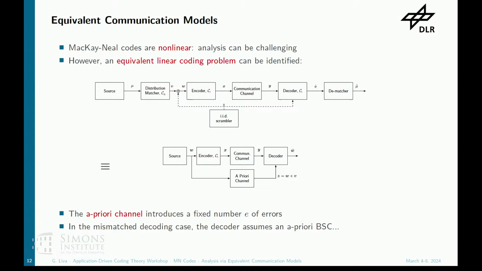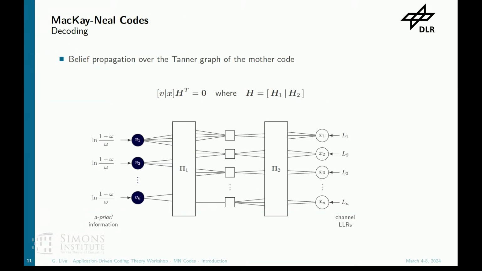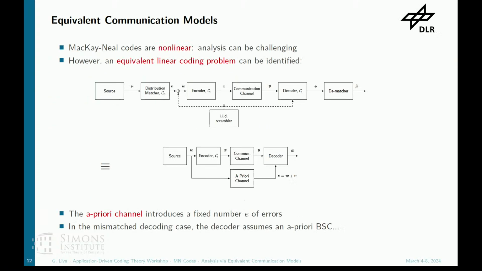And at this point, you're dealing with the problem of decoding over two parallel channels. One is a Gaussian channel, another is a binary symmetric channel. The Gaussian channel output affects the right part of the graph that we have seen before, and the binary symmetric channel output affects the left part of this graph. Keeping this model in mind, we can do everything we are used to do for the analysis of linear codes over symmetric channels.